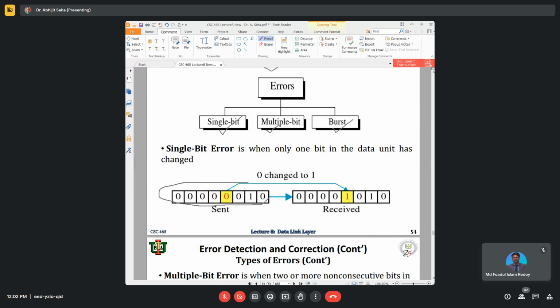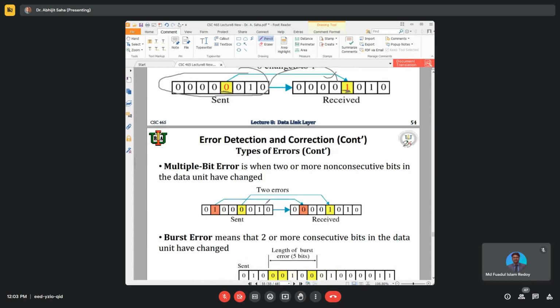If you have 8-bit data and any one bit is changed after receiving it at the receiver side, it is known as a single bit error. In this example, a 0 has been changed to 1, so only one bit is different from what was sent.